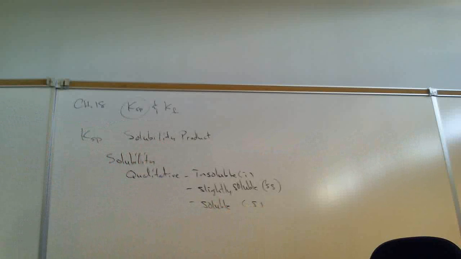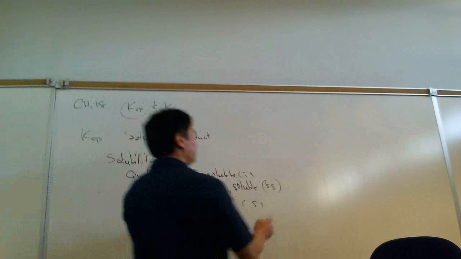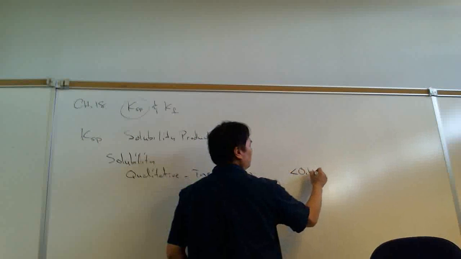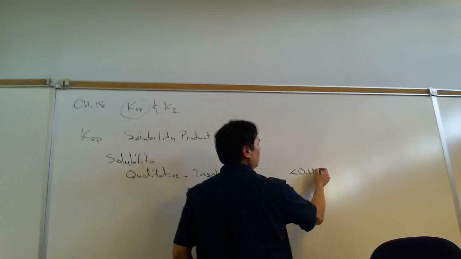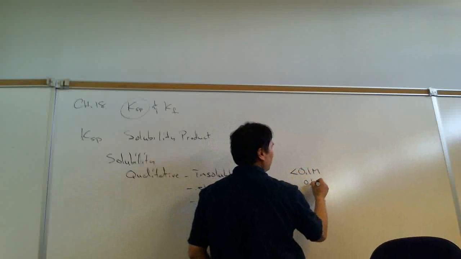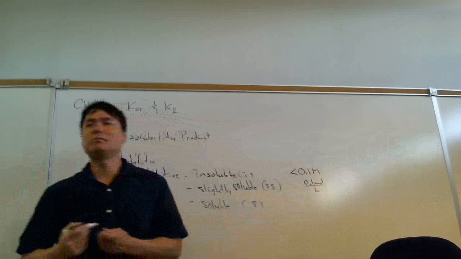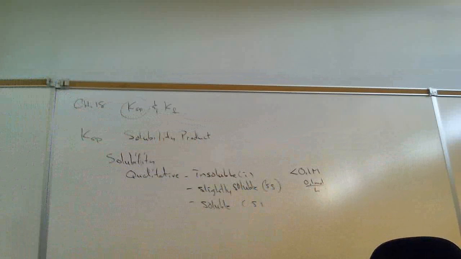And these qualitative definitions, this is from Chem 1A, the solubility rules. And so we can put those in here, which means if it's insoluble, then less than 0.1 molar. In other words, less than 0.1 moles will dissolve per liter. 0.1 moles, that seems like quite a lot, doesn't it?